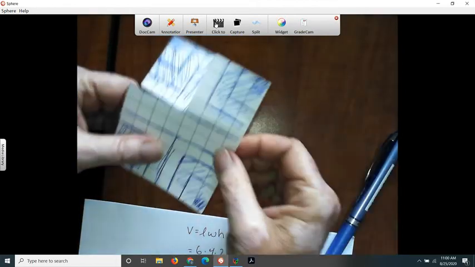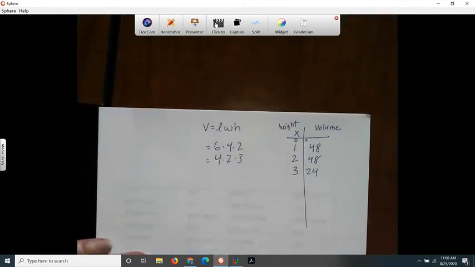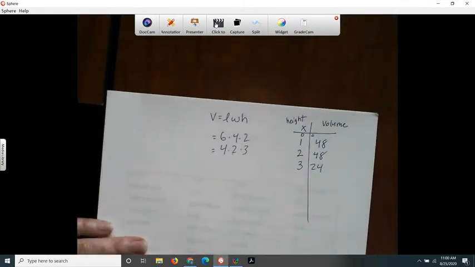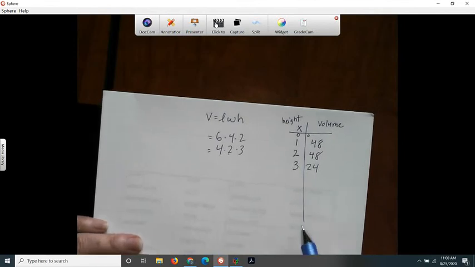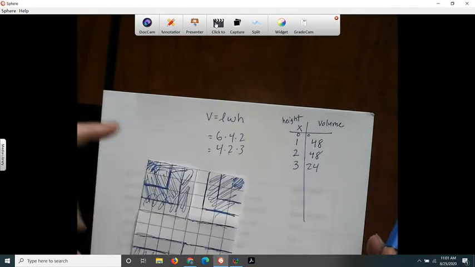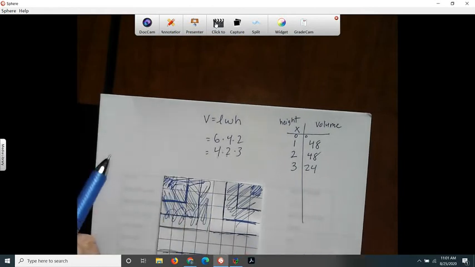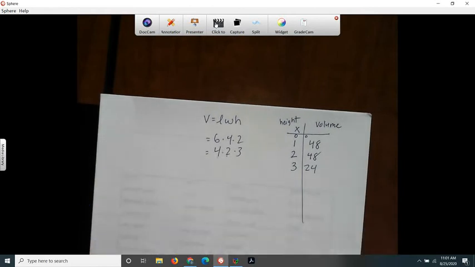What I want to do is have you guys go in your teams and see if you can figure out some kind of formula for this. So you have a table. If you want to make a graph, you guys can do that in your teams.